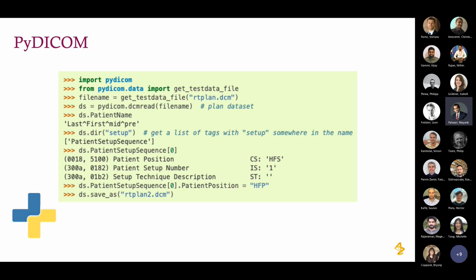So when one accesses a tag, it will be accessed by the PyDICOM reader, and one would find the value of the tag. So for example, ds.PatientName would give you the patient name. Patient setup sequence contains multiple tags, the position, setup number, and technique description, all of which can also be accessed simply as one would access a dictionary.